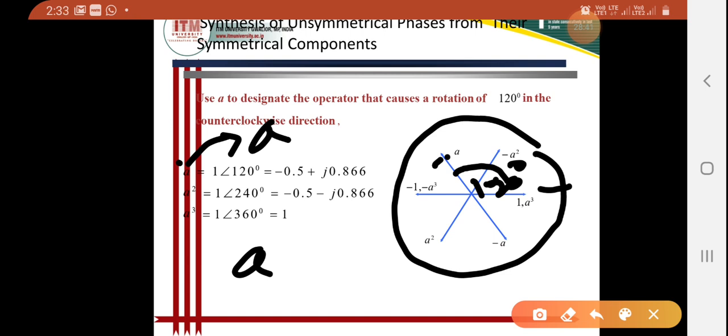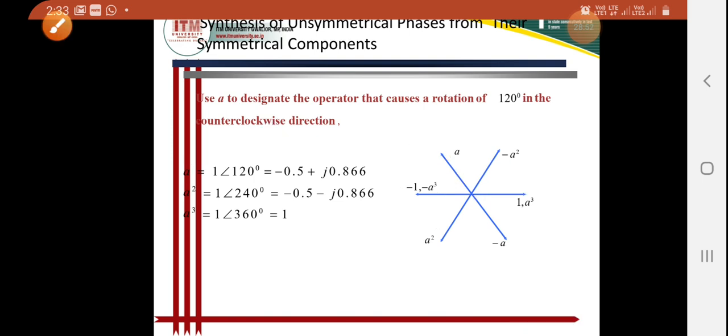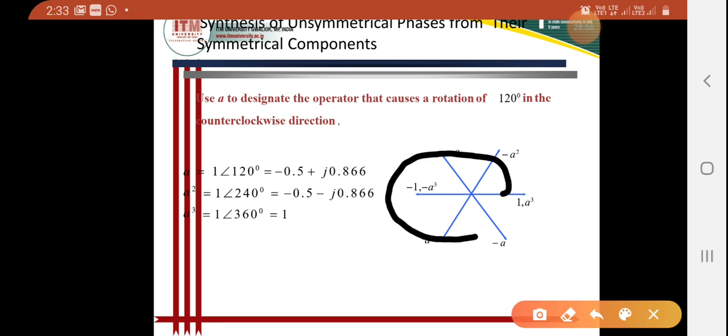Similarly, when I want to talk about A square, from the reference this will be 240 degree. Similarly, when I talk about A cube, from the reference it will come again, so this is 360 degree rotation in the counterclockwise direction.